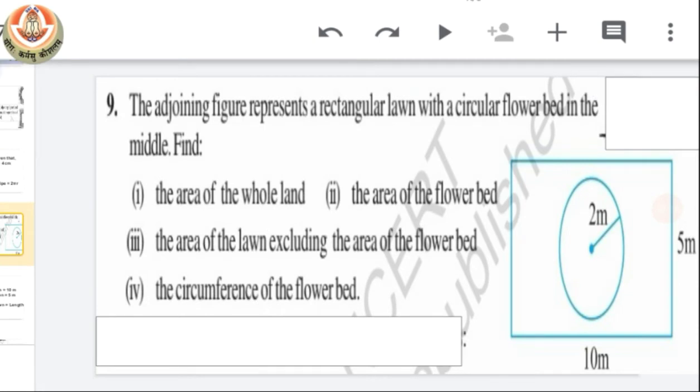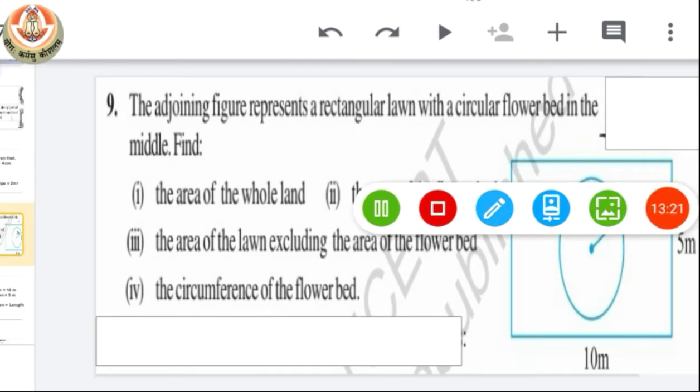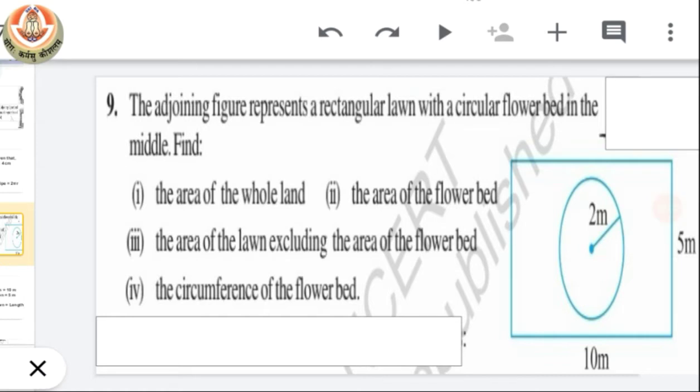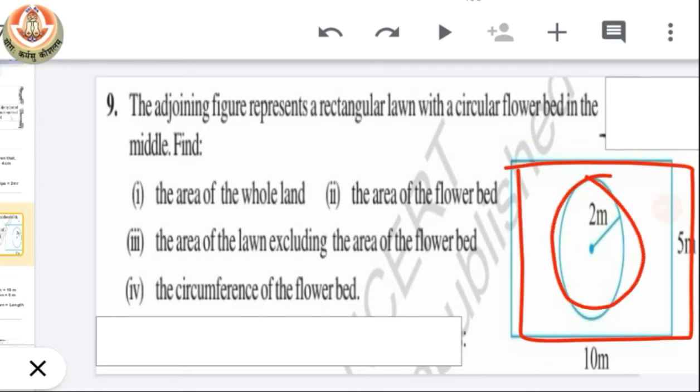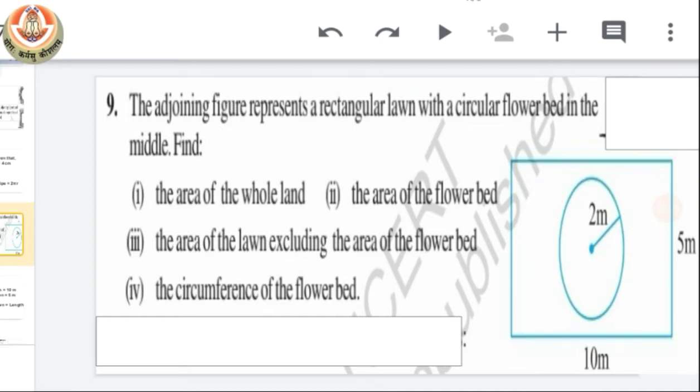The adjoining figure represents a rectangular lawn with a circular flower bed in the middle. Now we have to find so many things. First is the area of the whole land. So it is very easy.